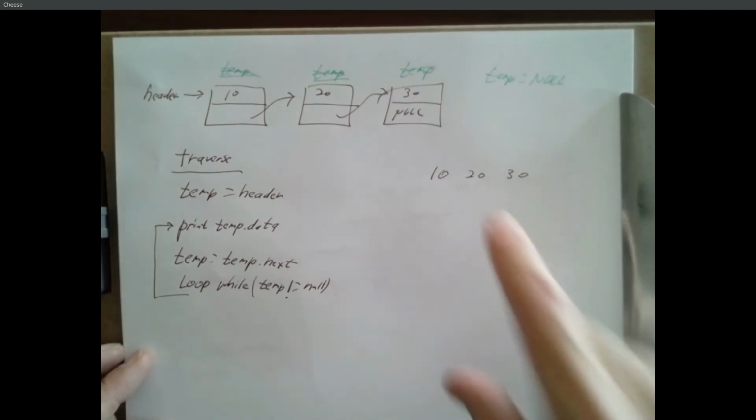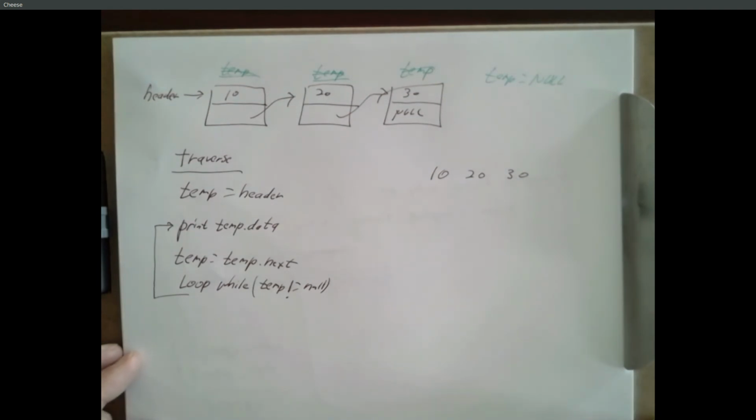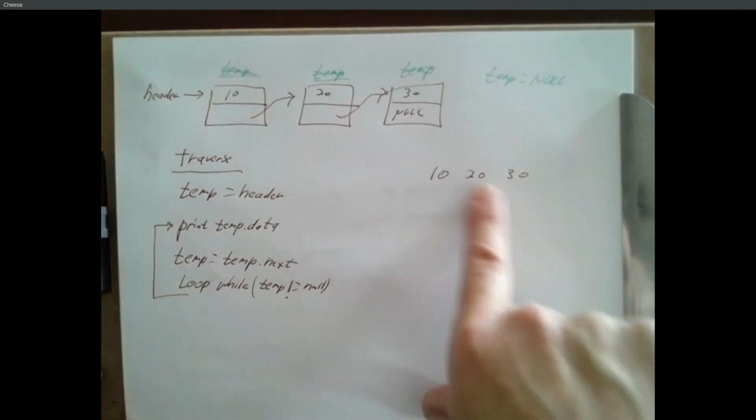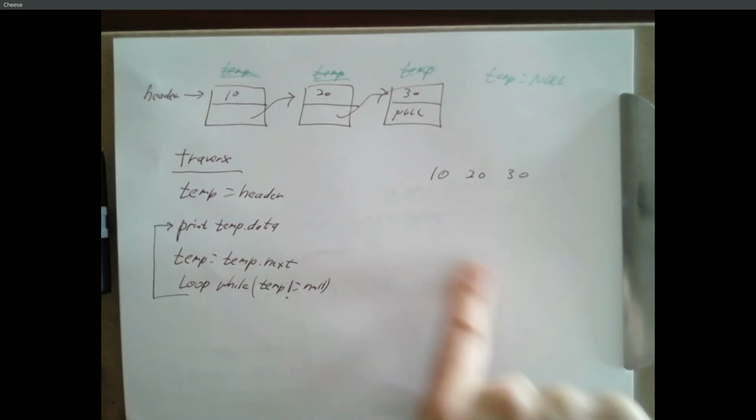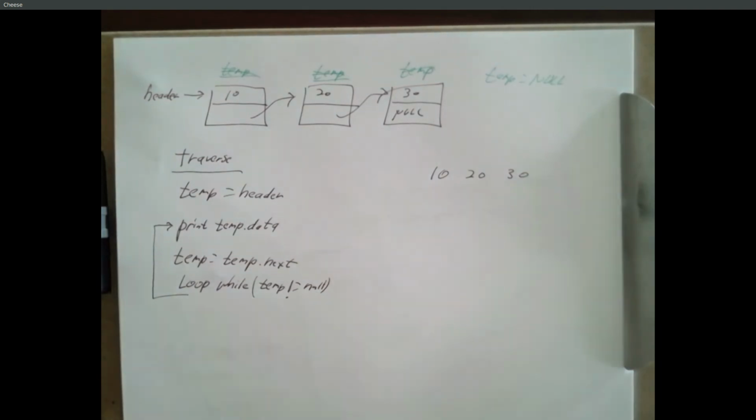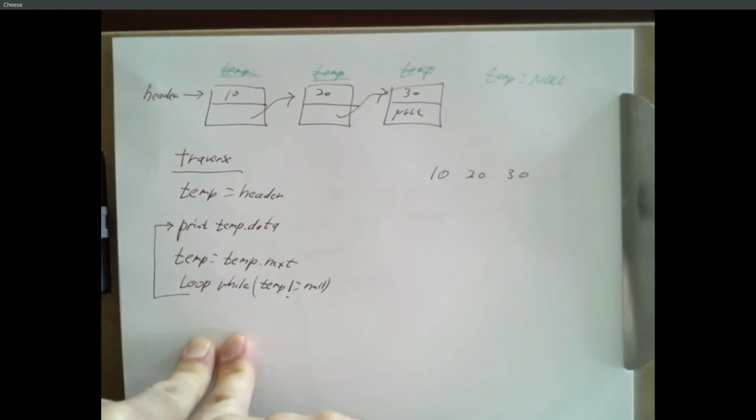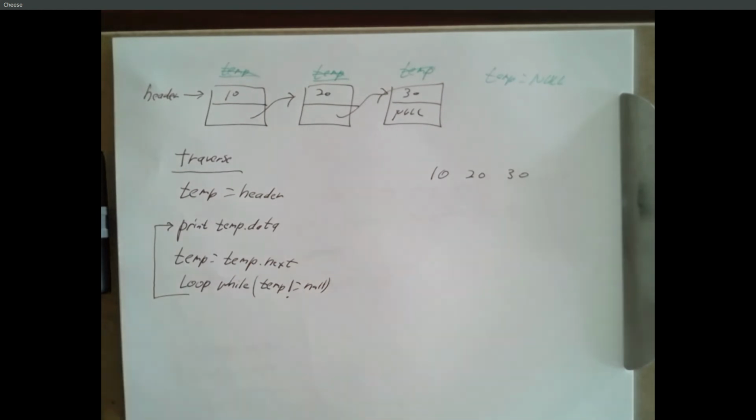Call traverse, make sure it says 10, 20, 30. Okay, I'm going to insert a 15. So call your insert routine and then call traverse and see if it says 10, 15, 20, 30. If it says 15, 10, 20, 30, you know there's something wrong with insert, right? So this will really help you with debugging your other pieces. So traverse is a good thing to do first. And ultimately you need it for your print function for PA1.